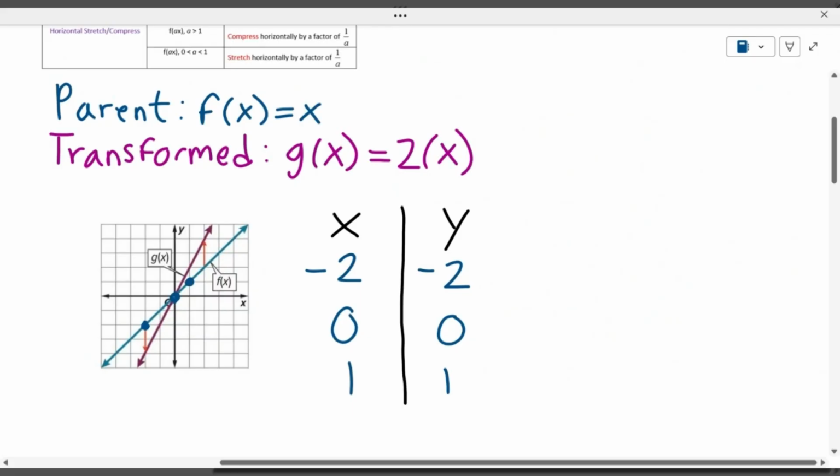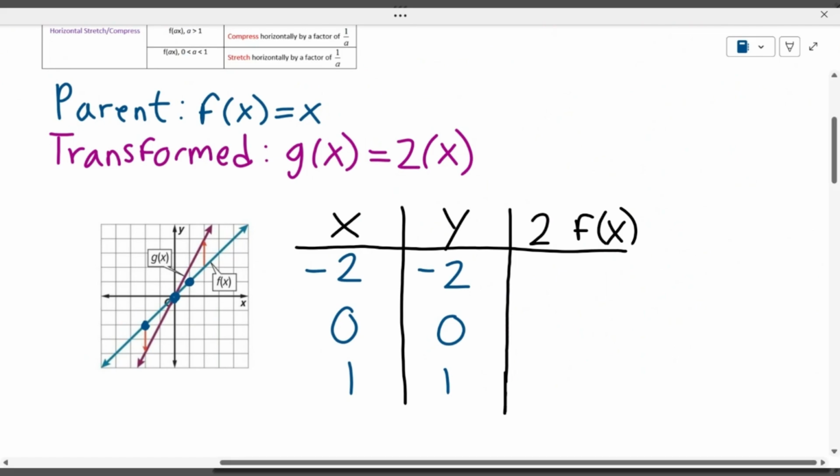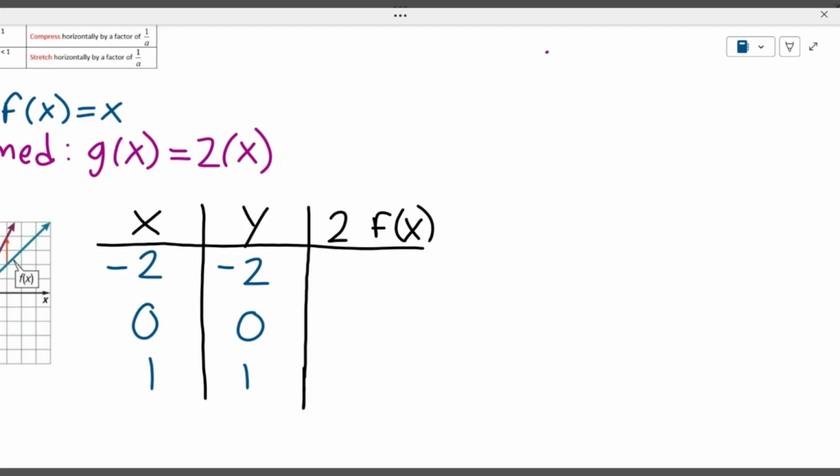So I'm going to write out another part of my table here. We're going to find out what happens when we multiply 2 times our f of x on the outside. What happens to each of our y values? This is our transformed function. If we take our g of x function and account for the times 2, but replace x with the values we chose, starting with -2, we can find our y value.